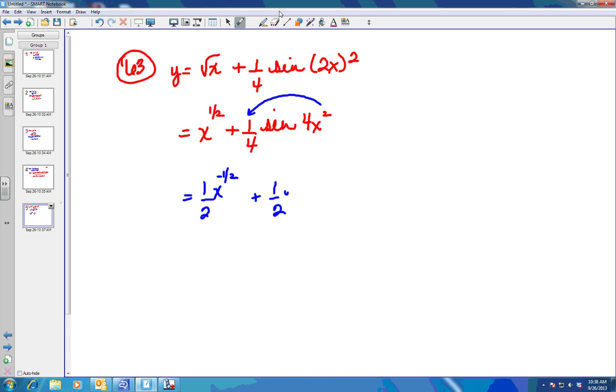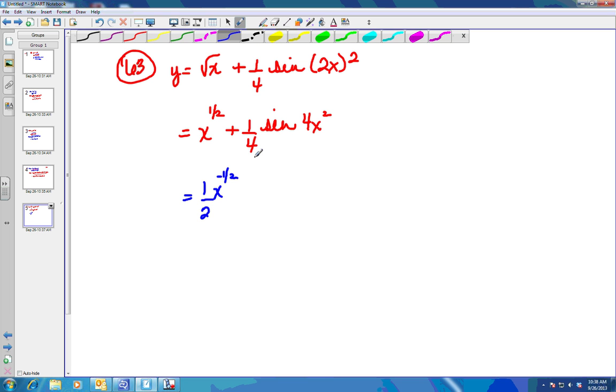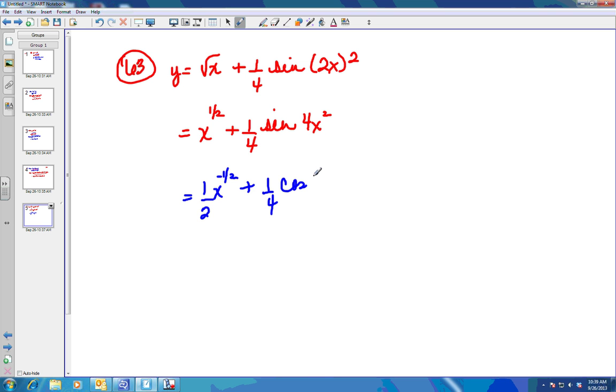I'm sorry. No. I about did that problem wrong. Okay. Whenever I do this problem, this is a regular trig chain rule. Alright, so I have this part plus 1/4. Okay, the derivative of sine is cosine. Keep your inside.